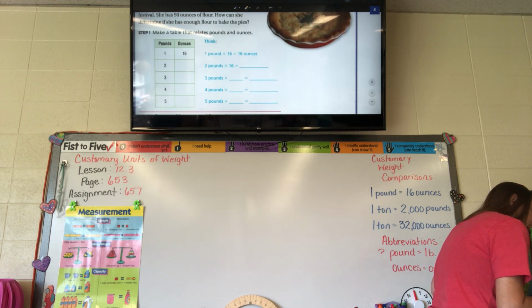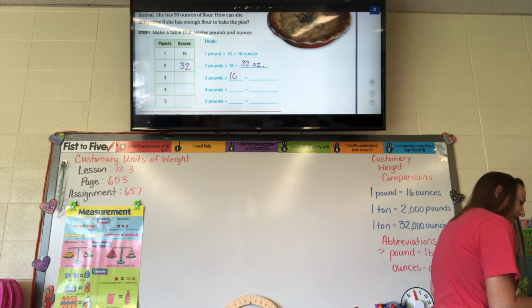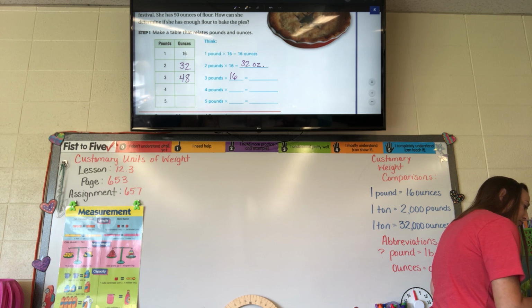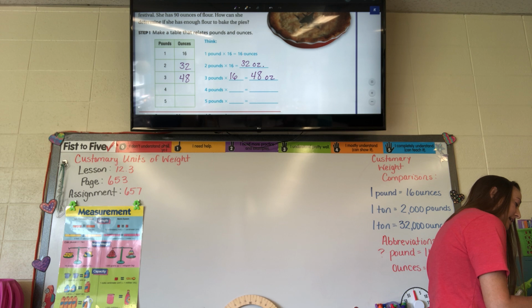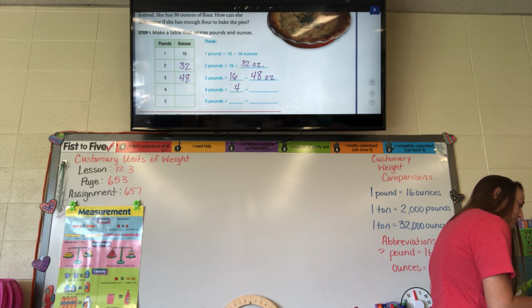So 2 times 16 is 32 ounces. 3 times 16 is going to be 48 ounces. 4 times 16 is going to be, let's see here, 48 plus 16 is going to be 64 ounces.